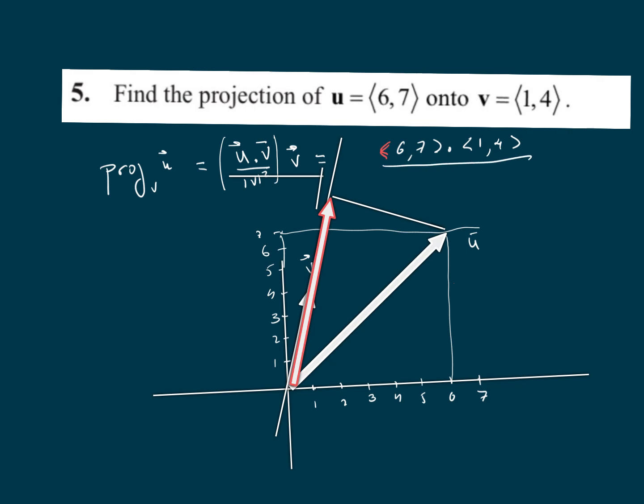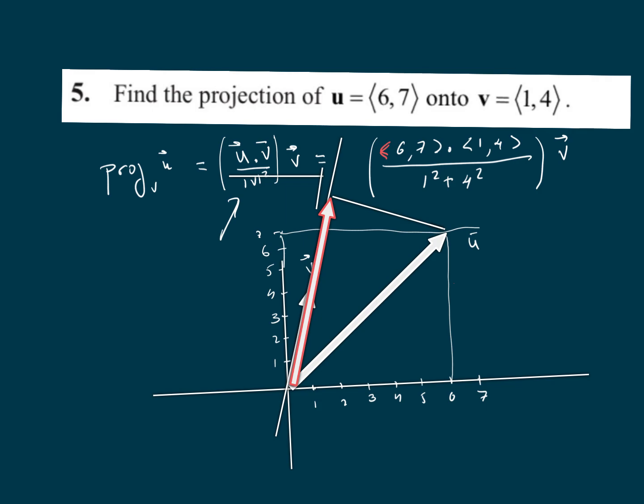What is the magnitude of v squared? The magnitude of v is the square root of 1 squared plus 4 squared. But it says the magnitude of v squared, so it's 1 squared plus 4 squared, multiplied by v. So this term in brackets is a number.